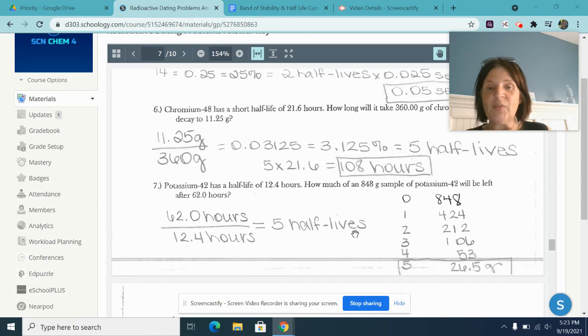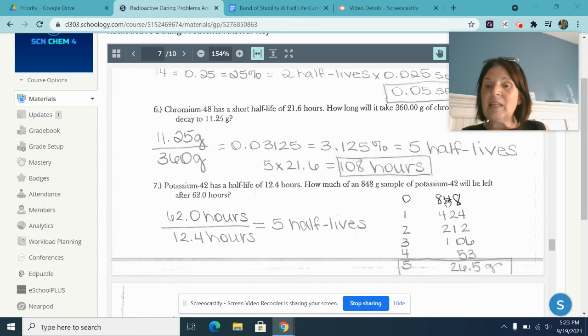This one says 5 half-lives, so I'm going to start with 0, and I'm going to label my half-lives down to 5. So 0, 1, 2, 3, 4, 5. Zero half-lives is when everything started, so at time 0, I had 848 grams. Then all I'm going to do is divide it in half until I get to that fifth half-life.